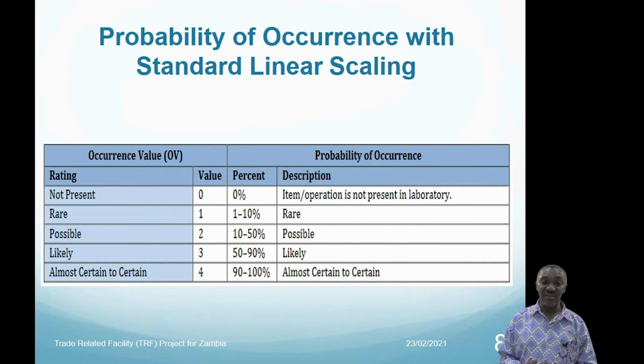So not present is 0. Then anything ranging from 1 to 10 is rare. And then we can classify 10 to 50 as possible, 50 to 90 as likely, and 90 to 100 as certain that it is present. So you can use this categorization in order to come up with your rating of the likelihood of occurrence. Okay, then we put, of course, the descriptors. They are there.